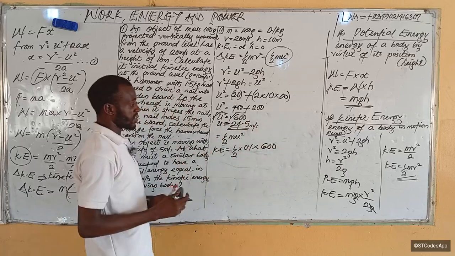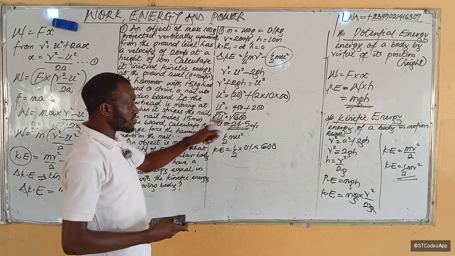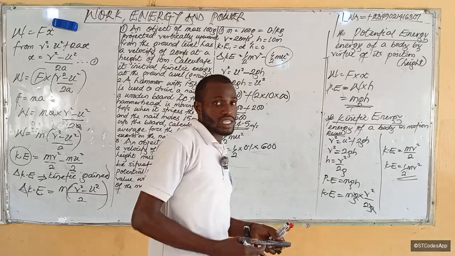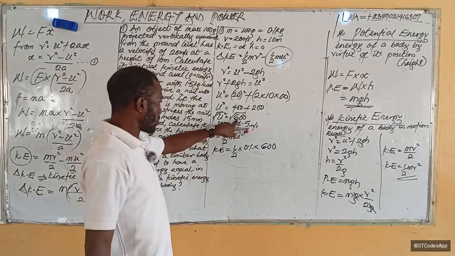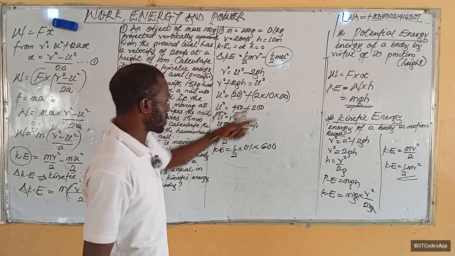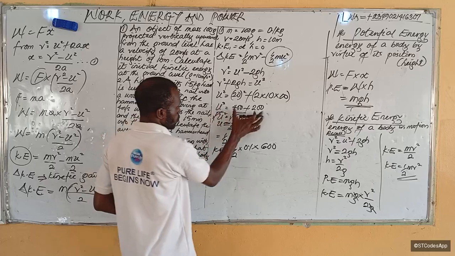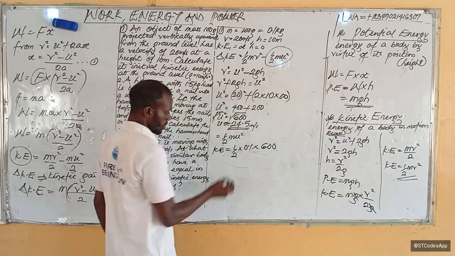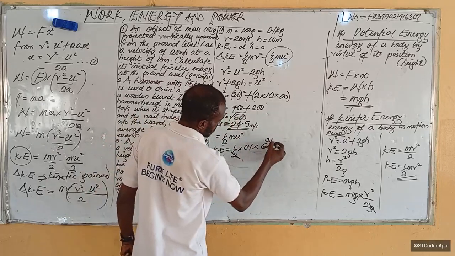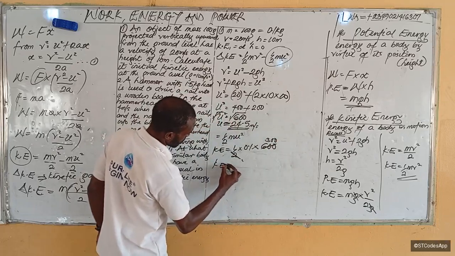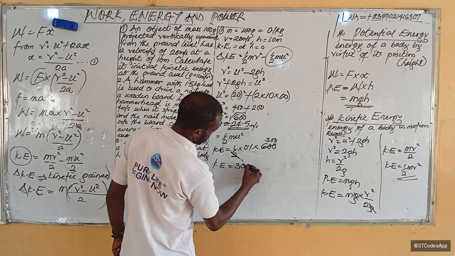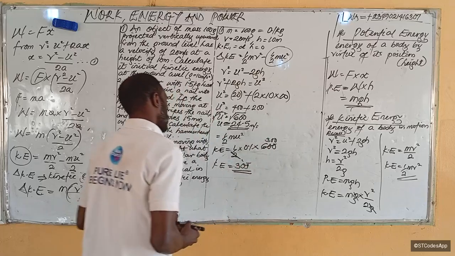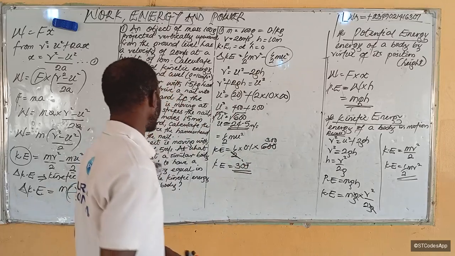If I square 24.5, it will give me very close to 600, not exactly 600, but we know that u squared is actually 600. So half of 0.1 times 600, that's 30 joules. So that's the answer to that question.